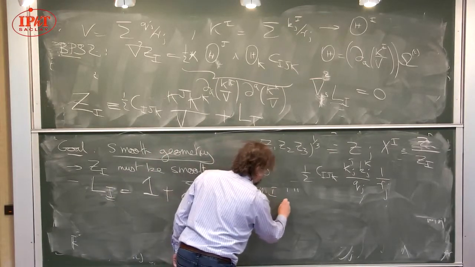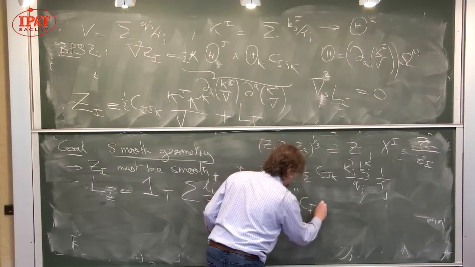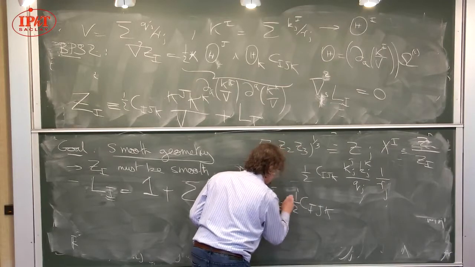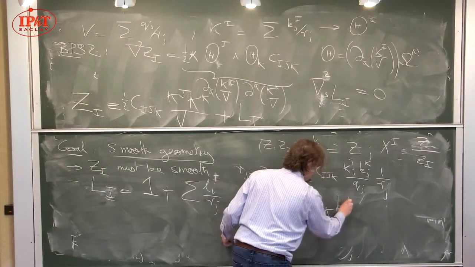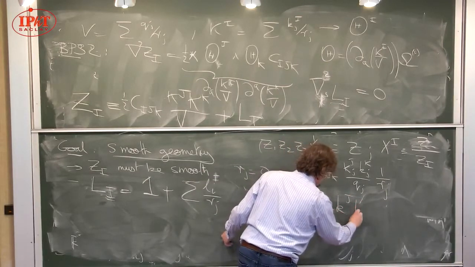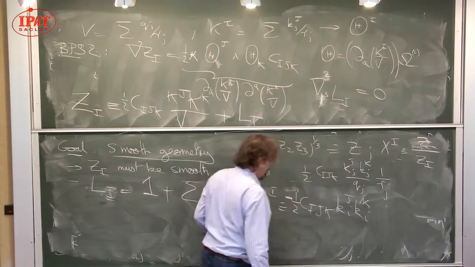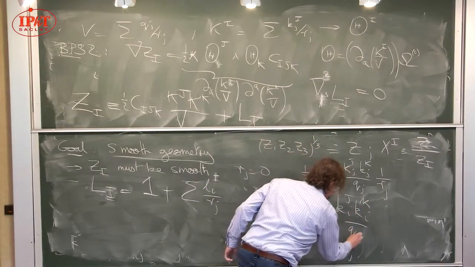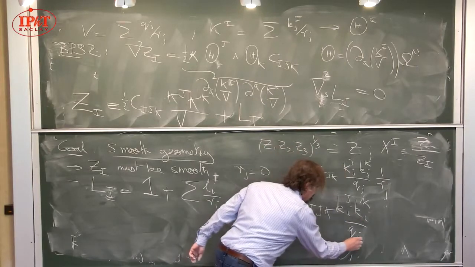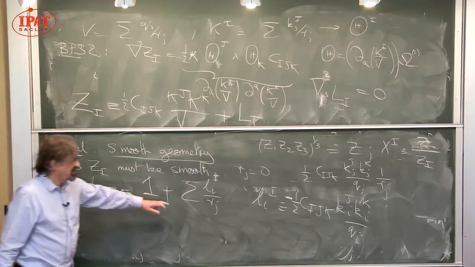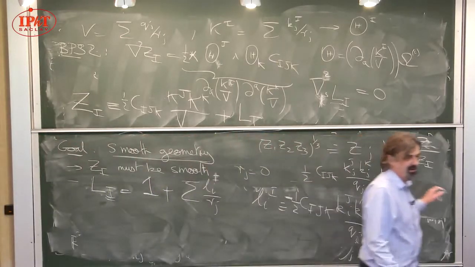Lii must be equal to Cijk with a factor of 1/2 and a minus sign, Kj Kk I over Qj, Qi. And the whole point is that this is exactly configured to cancel this singularity in the first term.